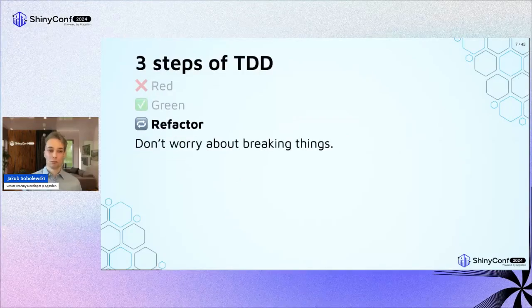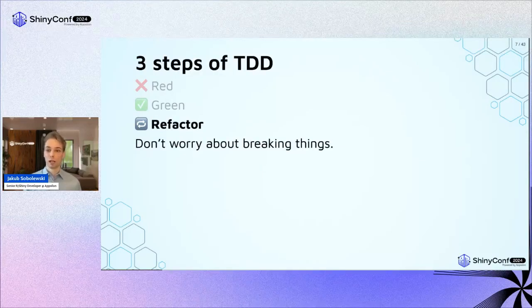Last step is refactoring. Were you ever afraid of refactoring your code because you thought you might break something? TDD helps you mitigate this problem. We have tests that ensure that the code works as expected, so we can be more liberal in changes we make to the code.